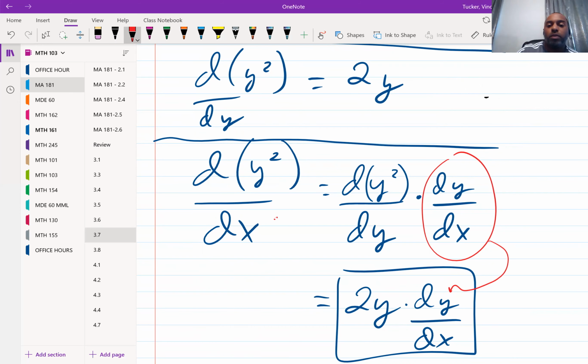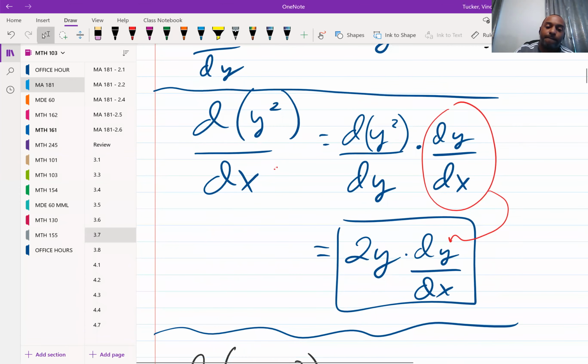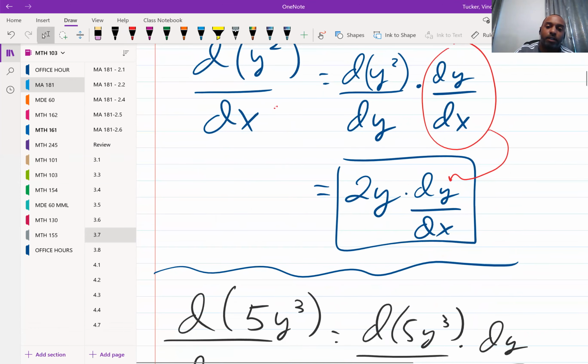A piece of the derivative is always going to be left, and that's the way I process it. A piece of the derivative will always be left there if you're taking it with respect to another variable.